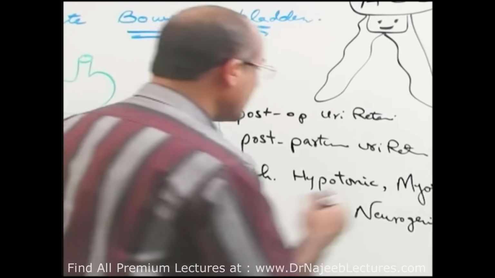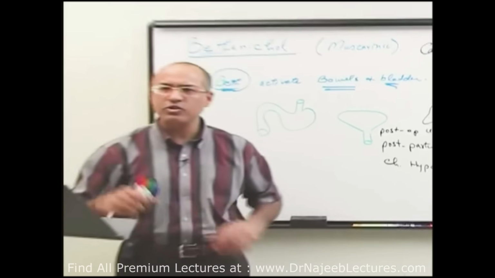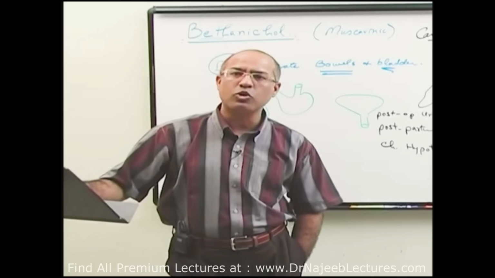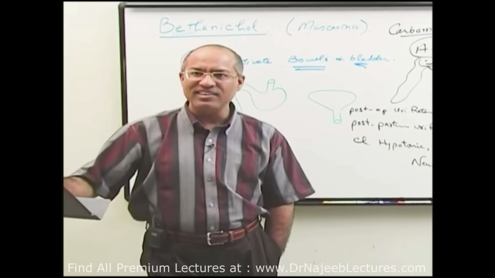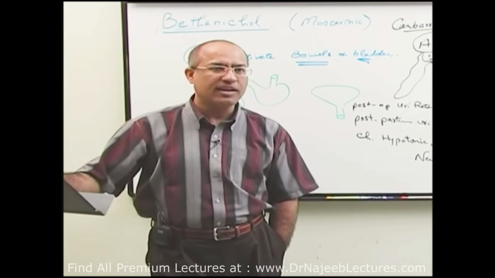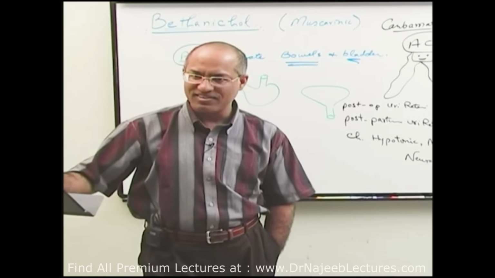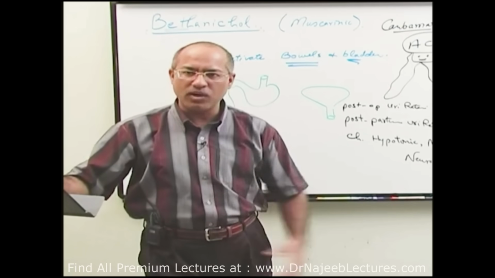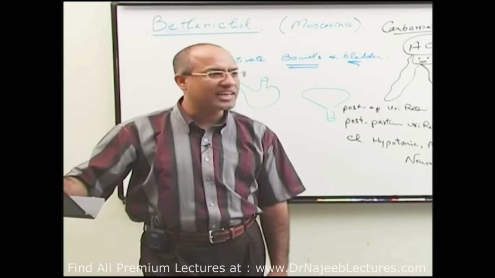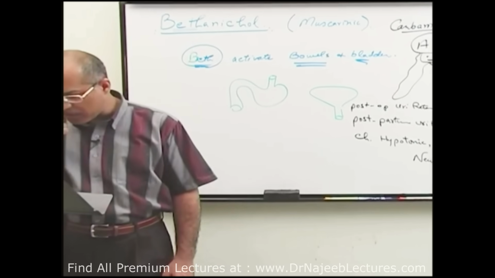So in these conditions urinary bladder does not contract well and usually urine is retained, and retention of urine is dangerous. It predisposes the person to urinary tract infections, right? So rather than keeping a catheter inside, one of the ways is that you use bethanechol to activate the urinary bladder. Am I clear to all of you?